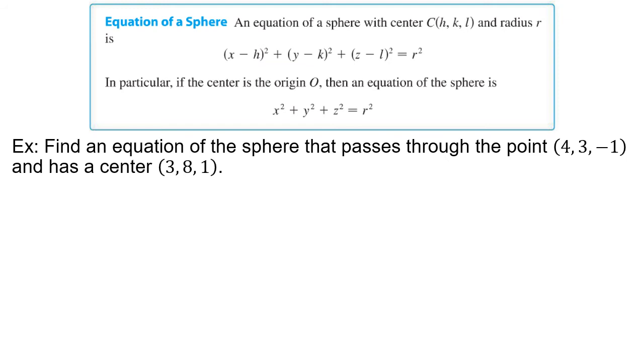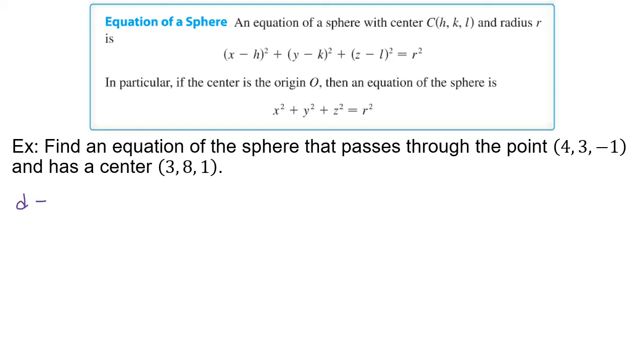Okay, let's do another type of sphere problem here. Find the equation of a sphere that passes through the point 4, 3, negative 1, and has a center of 3, 8, 1. So if it passes through that point and has the center, then the radius would be the distance between those 2 points. So let's just find the distance between those 2 points.